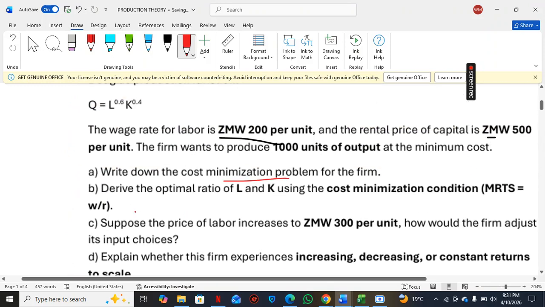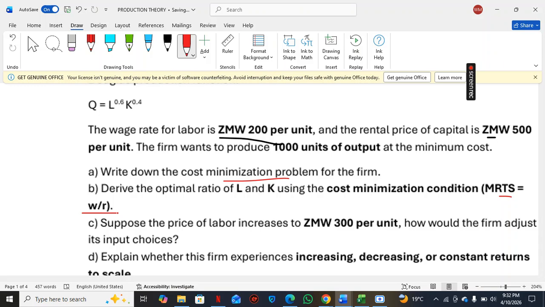Part B, derive the optimal ratio of labor and capital using the cost minimization condition, where the marginal rate of technical substitution equals the wage rate over the rate of capital. Colleagues, the marginal rate of technical substitution is the trade-off rate: how much labor you need to give up to get capital, or vice versa.